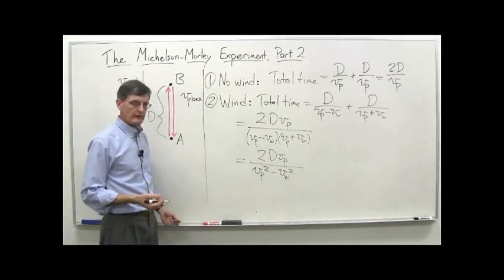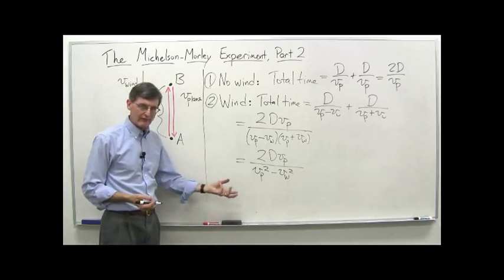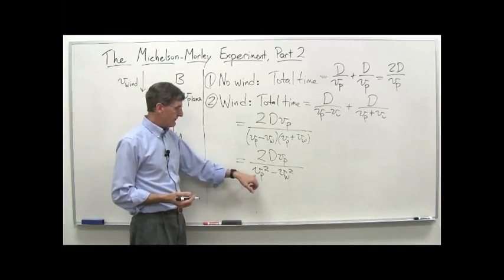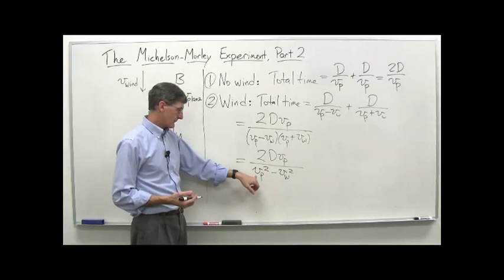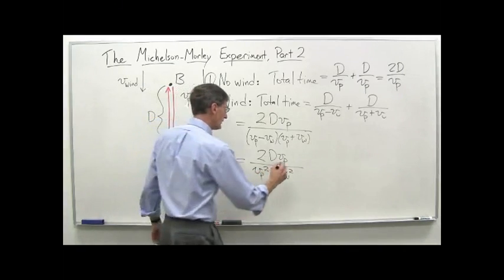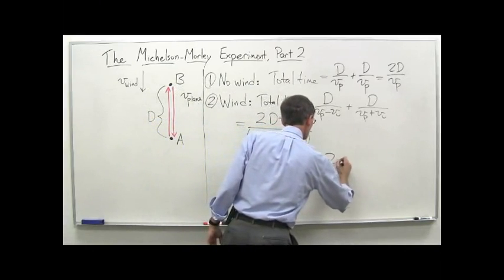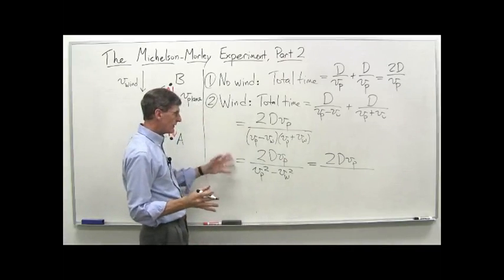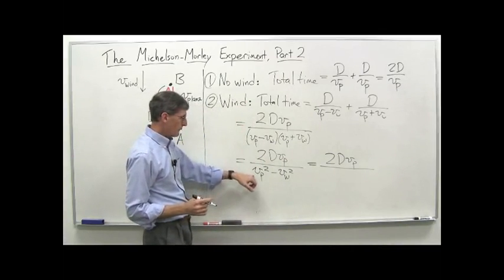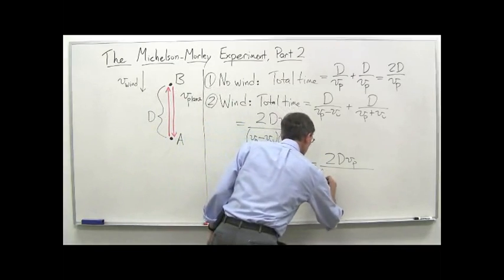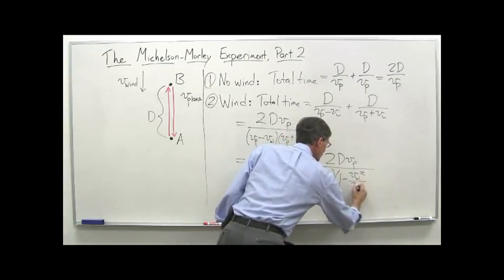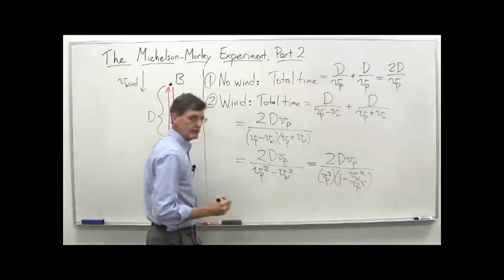Okay, so, now what? Well, again, going back to the math review we did in the last video clip, we're going to factor out in the bottom here a Vp squared. And so it's going to look like this. We've got 2d Vp. We haven't done anything on the top for a couple steps here. But on the bottom, we're going to write this as Vp squared times 1 minus Vw squared over Vp squared.